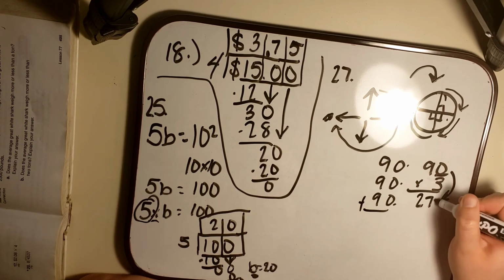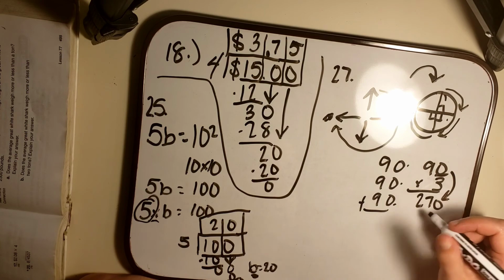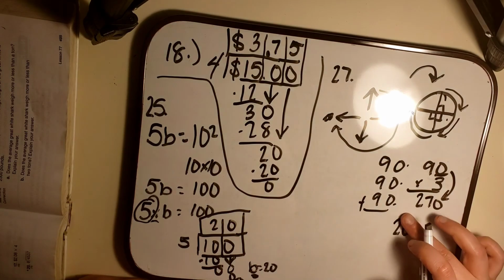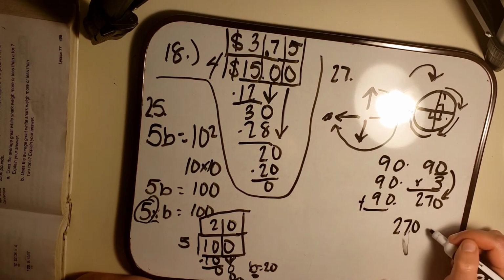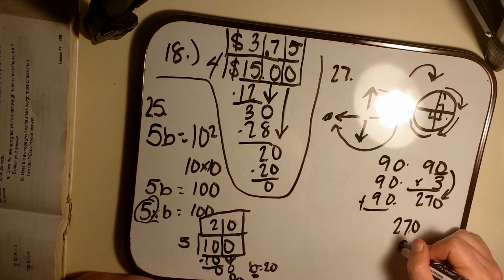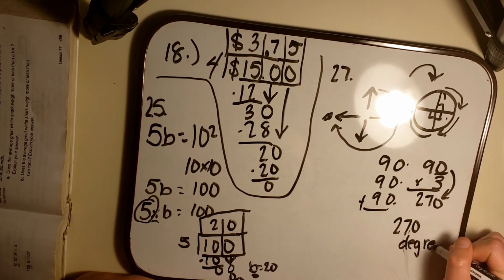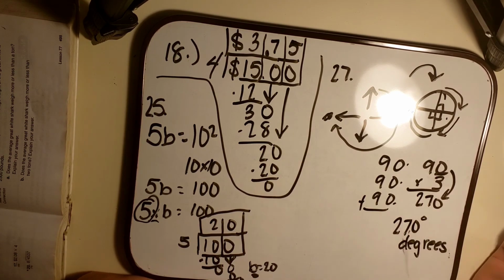And then that 0 can join his friend. So how many degrees? 270 degrees. I'm going to write it down here. We can't do that little degree symbol because I don't know how to type it up, so we just spell out degrees. And that is that.